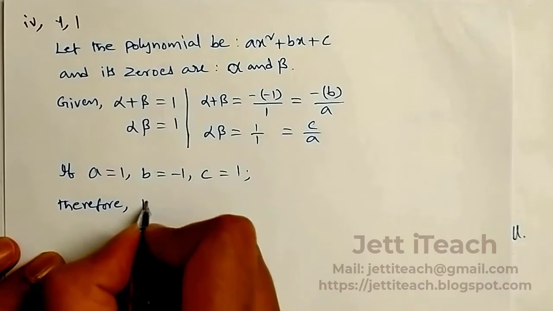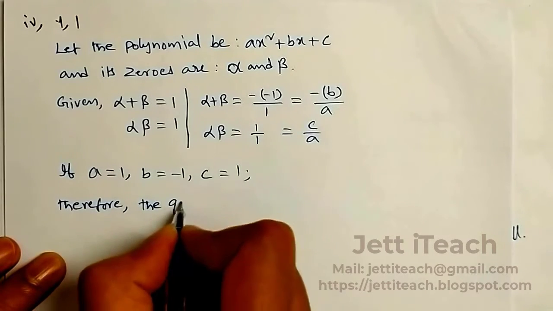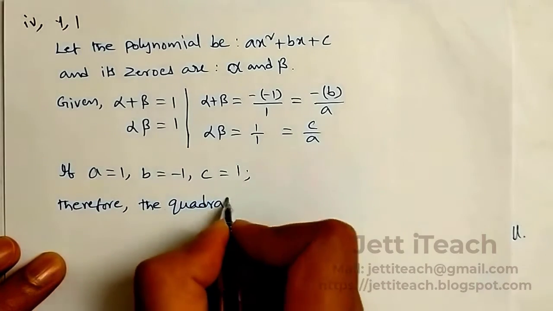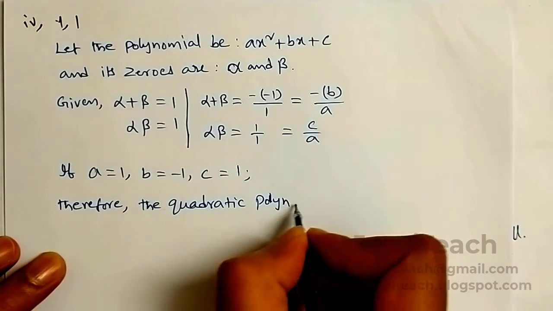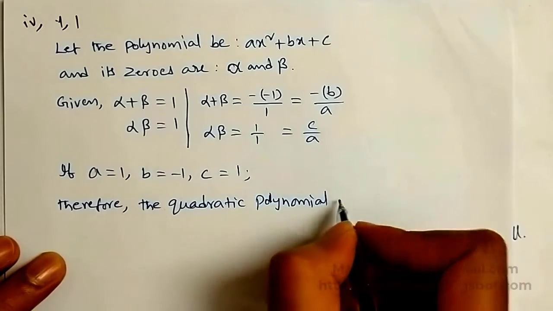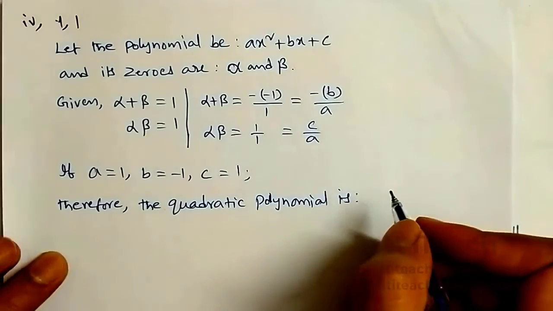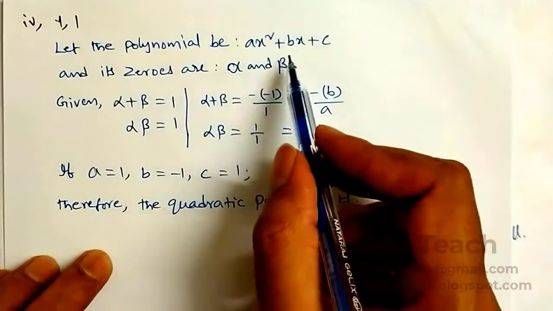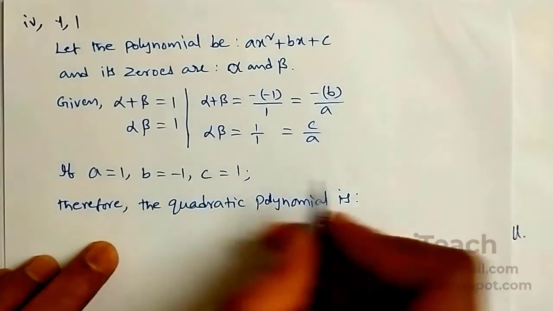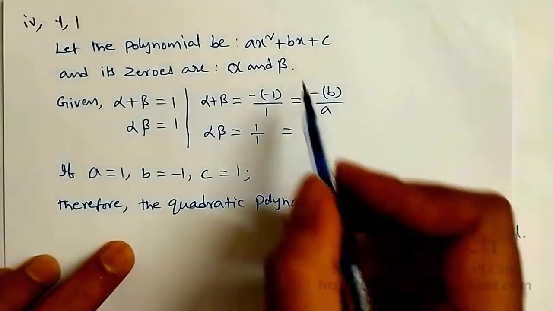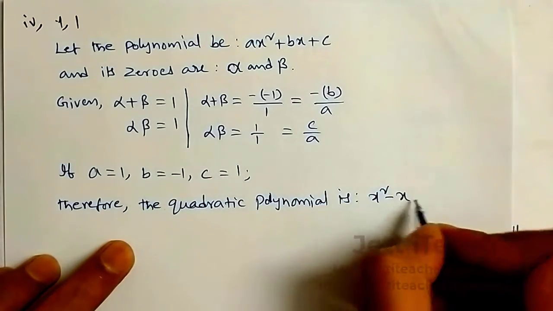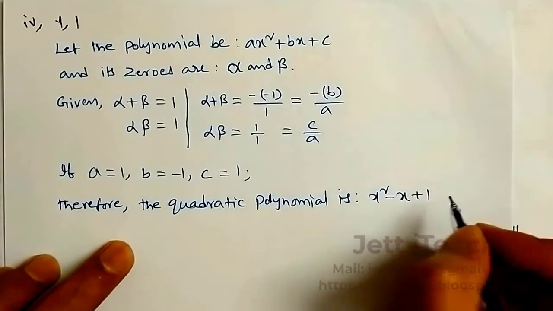the quadratic polynomial is generally ax square plus bx plus c. Now a is 1, so x square, b is minus 1, so minus x, c is 1.